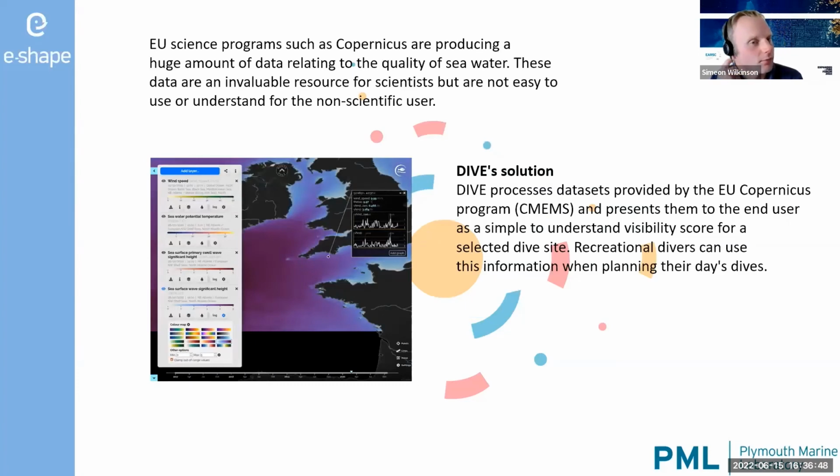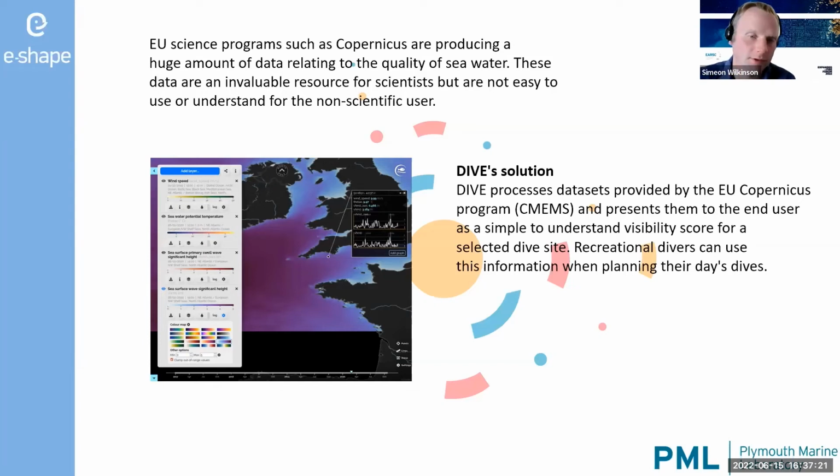So EU science programs such as Copernicus are producing a large volume of data which relates to the quality of seawater. These data types are an invaluable resource for scientists, but they're not always easy to understand if you're a non-scientific user, maybe a member of the public or a member of a dive community. So what Dive does is process data sets provided by the EU Copernicus program, and we're using the CMEMS dataset.